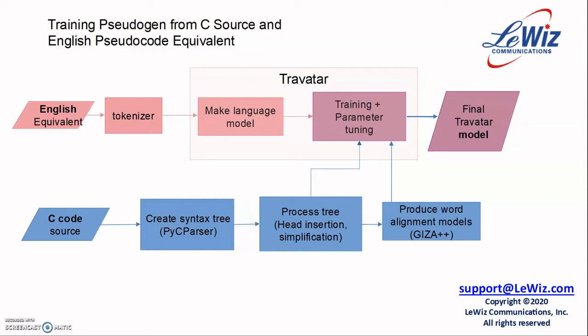Here is a diagram showing how to train Pseudogen from C source code and English samples. The training data consists of C source code and the translated English equivalent. Both samples need to be processed before training. The English is tokenized.